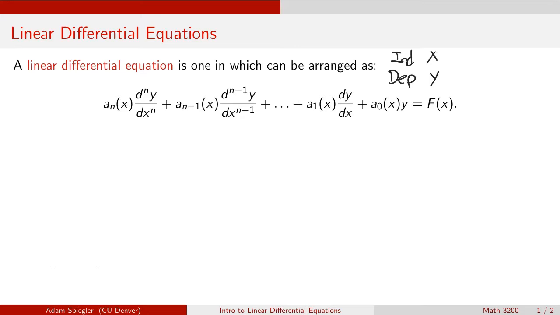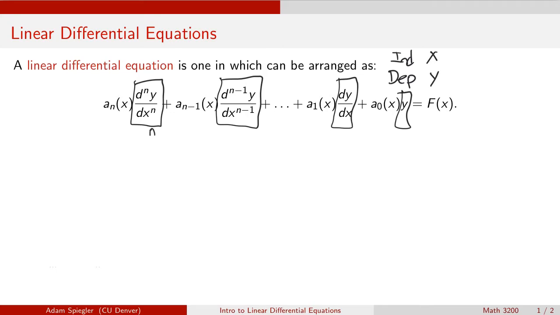y. And so we kind of organize each of our terms that have a y in them like so. So this would be like the nth derivative of y, the n minus 1 derivative, the first derivative, and all the way down to the 0th derivative.